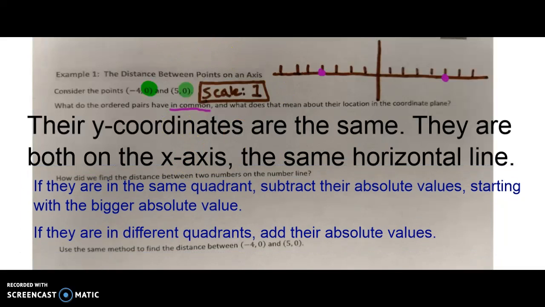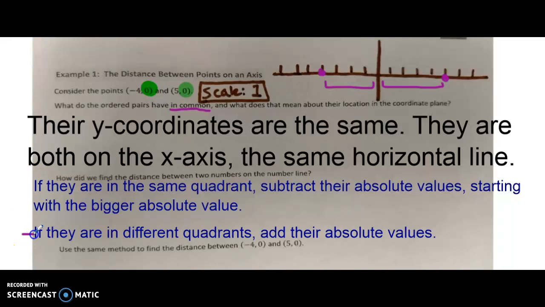So, for example, if I look back up at these 2 points, notice how they're in different quadrants. They're on different sides of the y-axis. So to find their distance, I'm going to have to add both of their distances from 0. That's the example here.